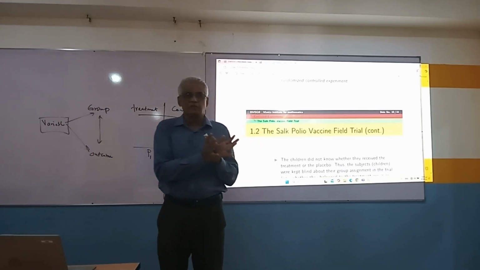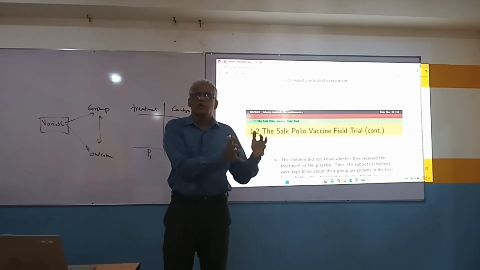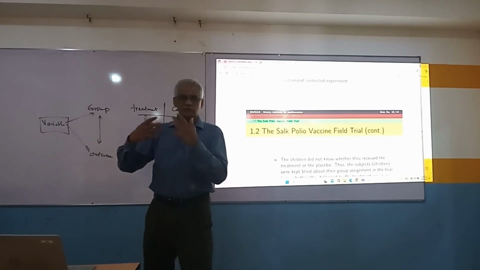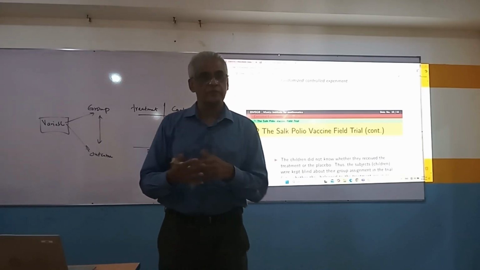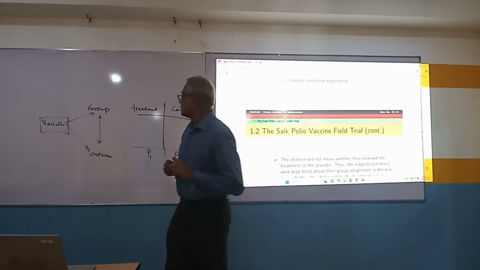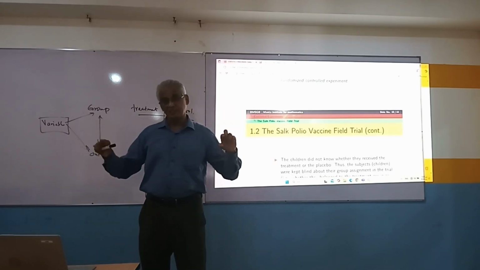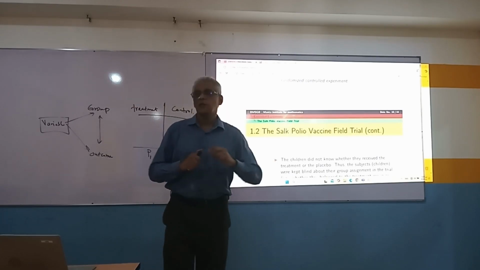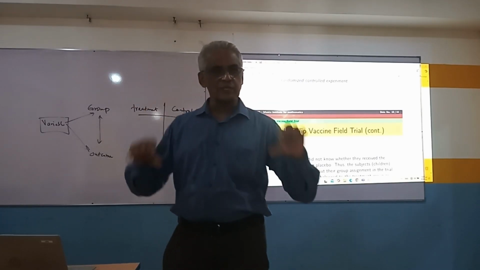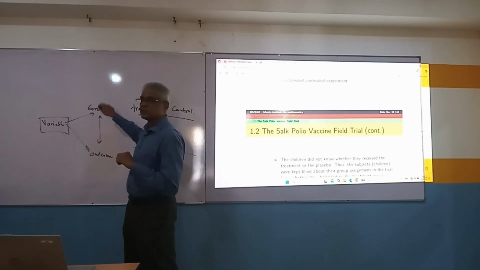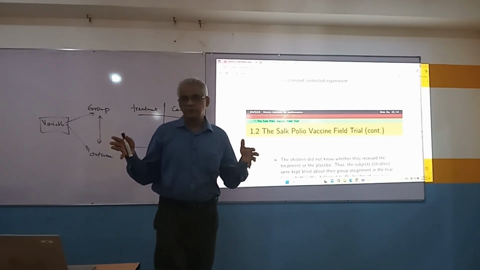We cannot say this group has more children in grade 1 and this one has the other children. It will not happen when you randomize. So both groups are very similar with respect to age. So that means age is not associated with the group variable.